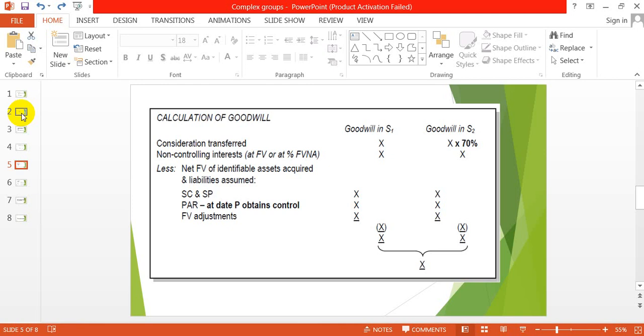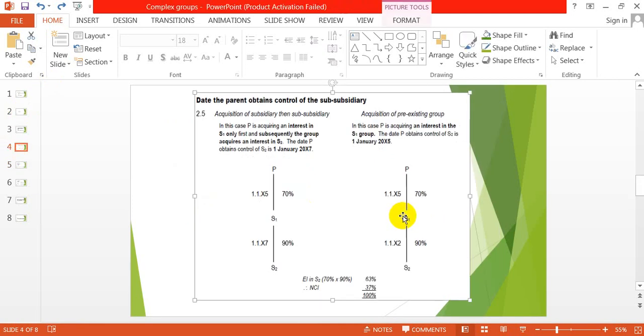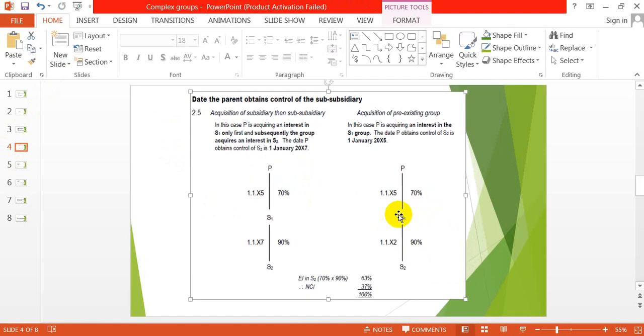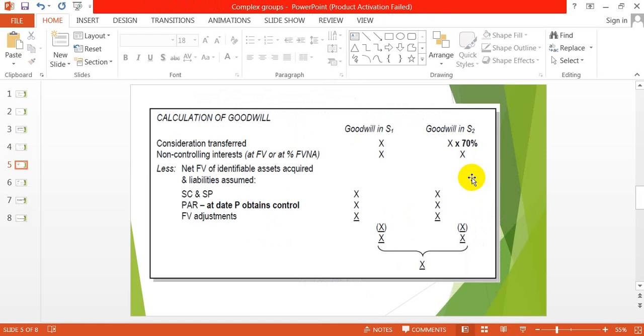Whatever S1 spends, 70% of it belongs to the group. Therefore, of the consideration which S1 pays, we only get 70% of that in the goodwill calculation.